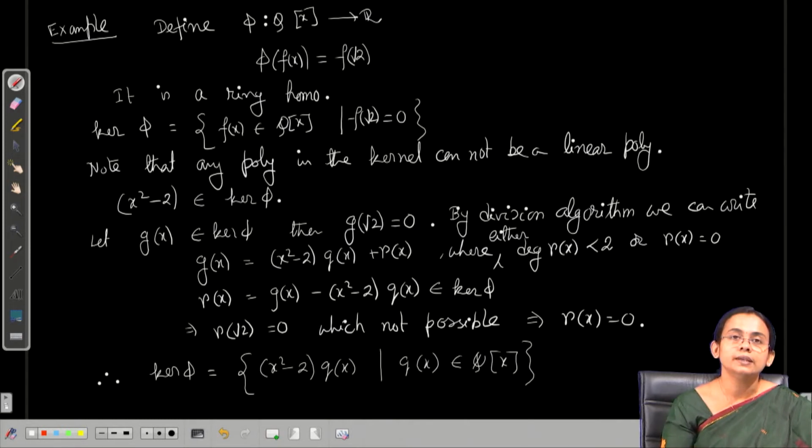Therefore, we have seen here that this kernel of phi, which is in fact an ideal arising as the kernel of a ring homomorphism, is nothing but all the multiples of a particular polynomial, x square minus 2.